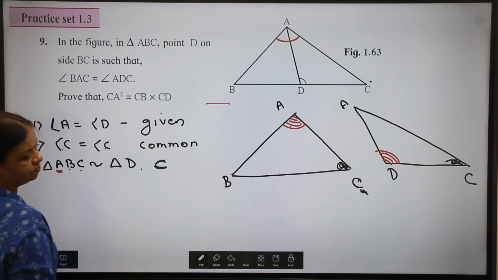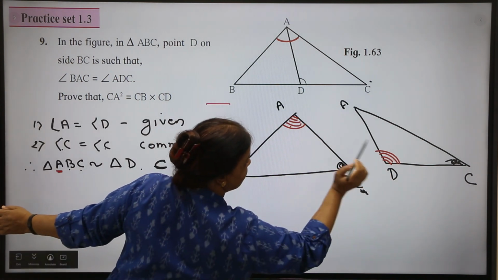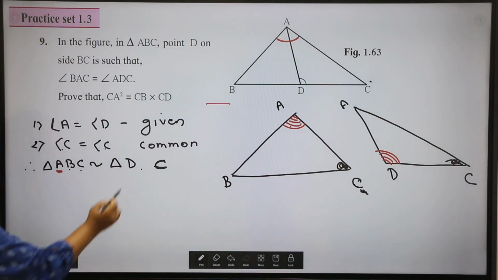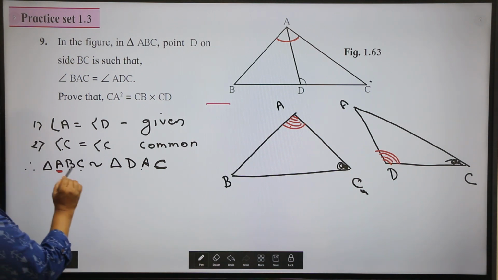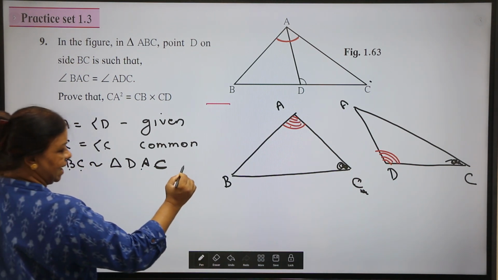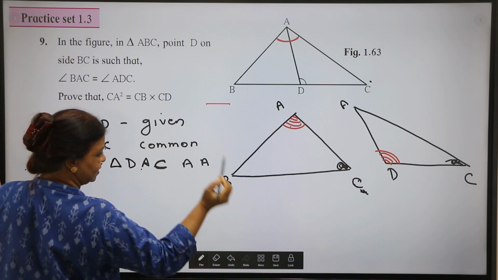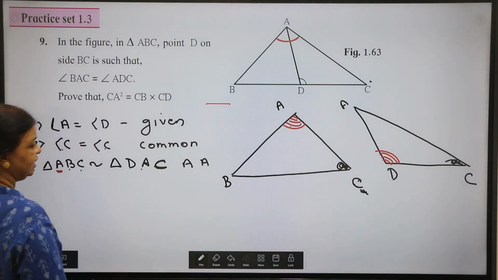In the middle, what will come? I wrote D, I wrote C. In the middle, what will come? A. Clear? So triangle ABC is similar to triangle DAC by angle test. And now we can write corresponding sides.